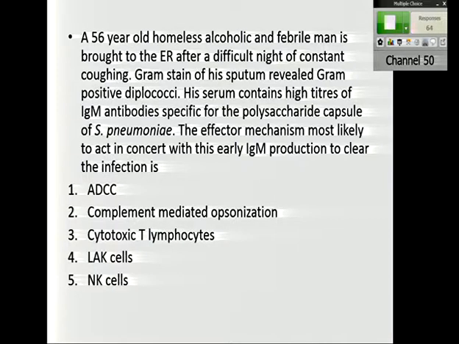Is it an efficient complement mediated opsonization? Or is it cytotoxic?